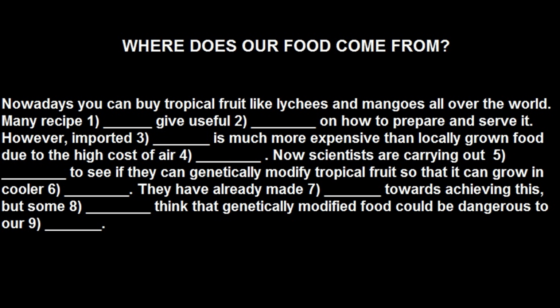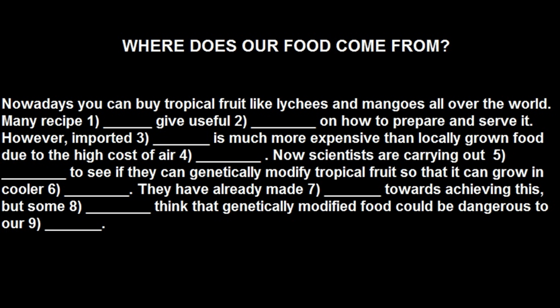Where does our food come from? Nowadays, you can buy tropical fruit like lychees and mangoes all over the world. Many recipes give useful on how to prepare and serve it. However, imported is much more expensive than locally grown food due to the high cost of air.